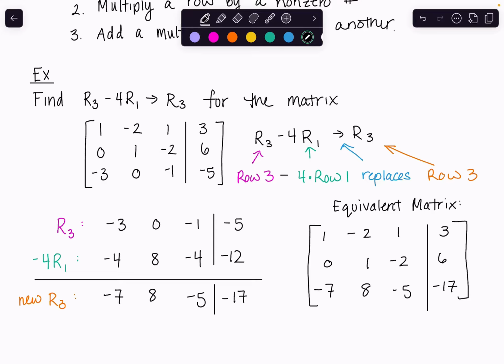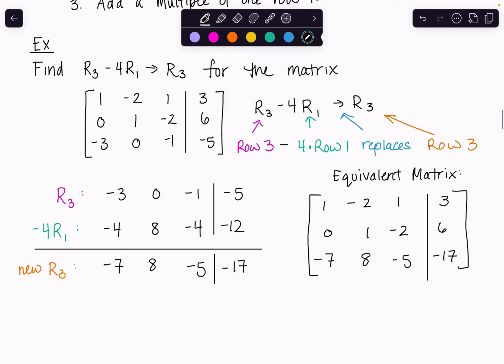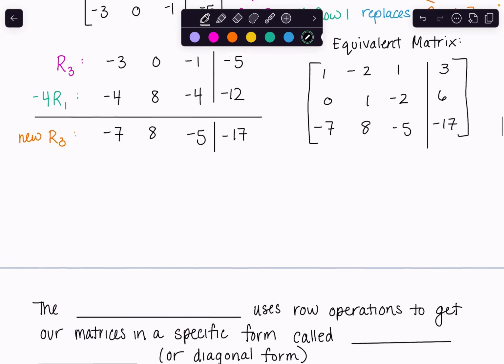So the way we're going to utilize these row operations is we're actually going to get our matrices to a very specific form. And technically there's two different forms that you could get this to. I'm not very particular, especially in an in-person class, as to what method you end up using, but you do need to be comfortable being able to do these row operations and solve for these systems.